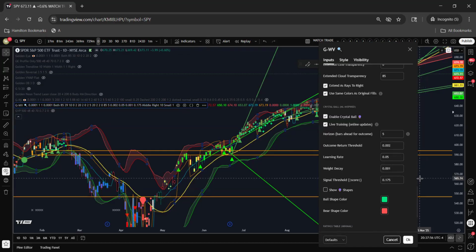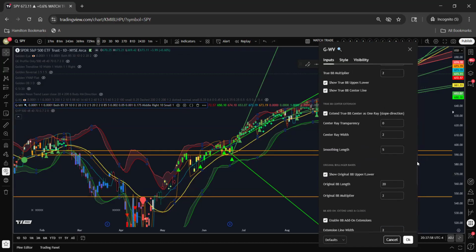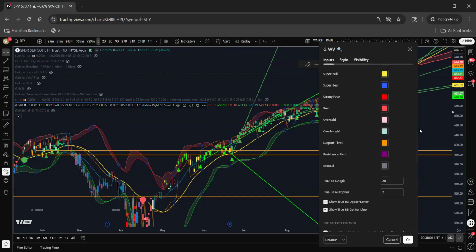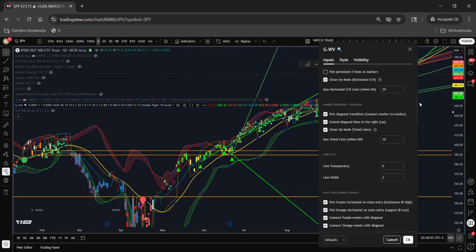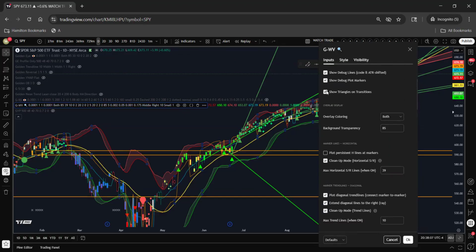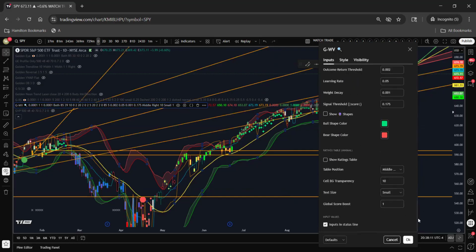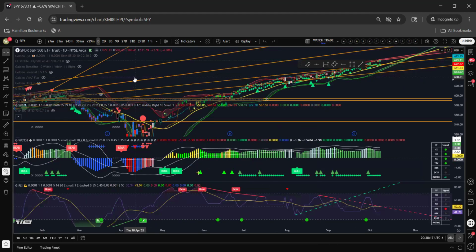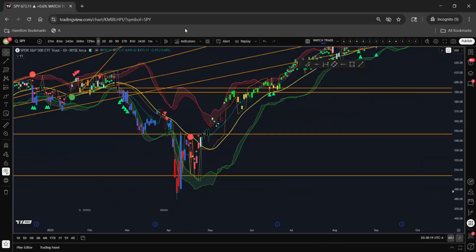Let me hide the other buy signals so you can see the difference. So go up here and I'm going to uncheck this. I'm going to hide my buy signals, and I'm going to show where AI is telling you to buy. Okay.